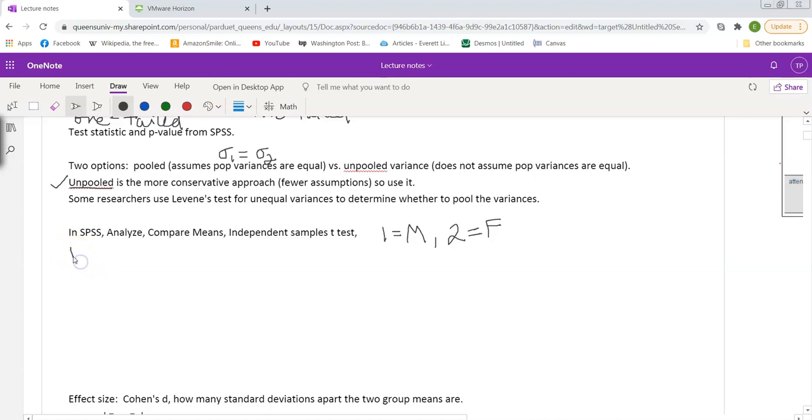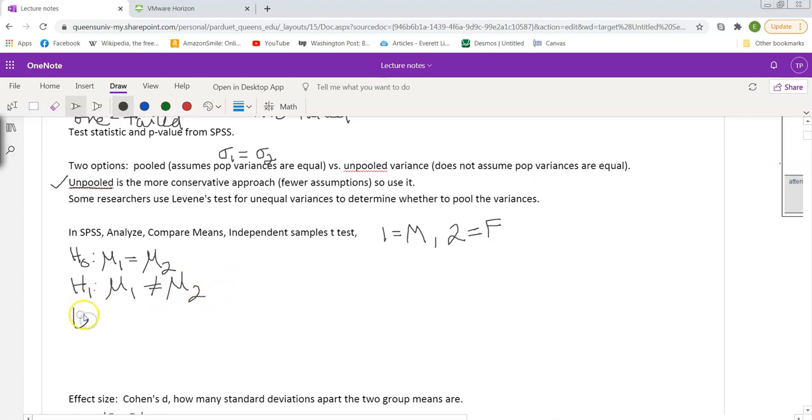So we're going to have H0: mu1 equals mu2, versus HA or H1: mu1 is not equal to mu2.